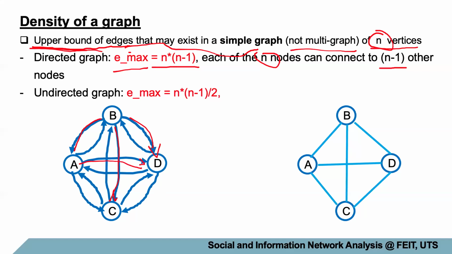A to D, A to B, A to C, the same for the others. So in this graph, we have 4 times 3, which is 12 edges. But for an undirected graph, since there's no direction, the number of edges needs to be divided by 2. That's the upper bound of edges that can exist in a simple graph.